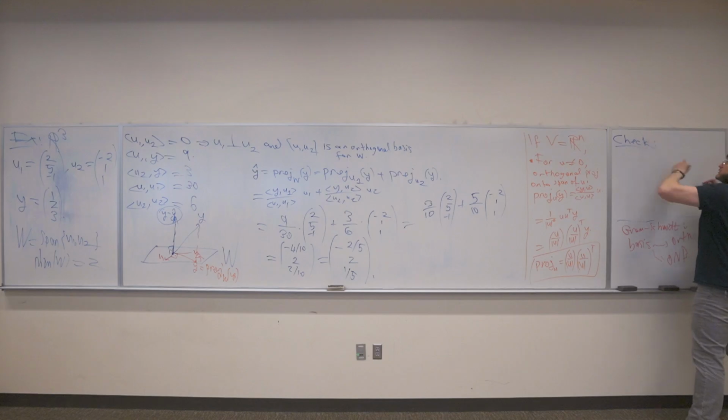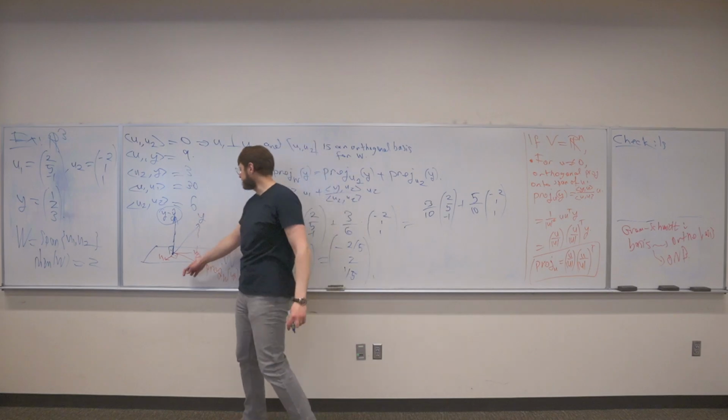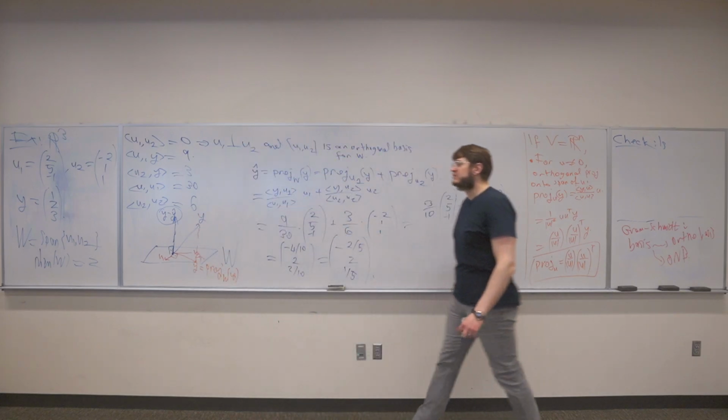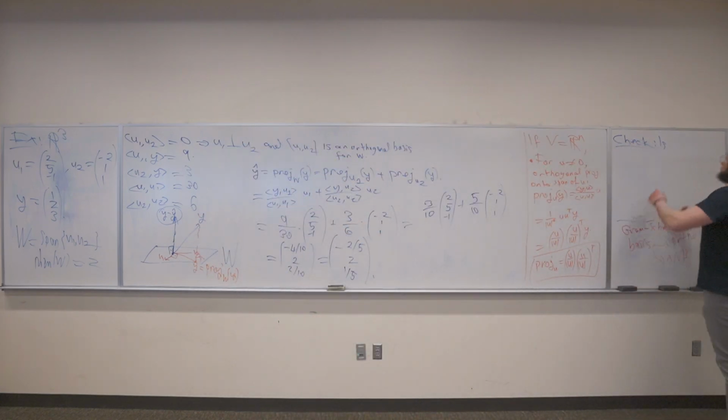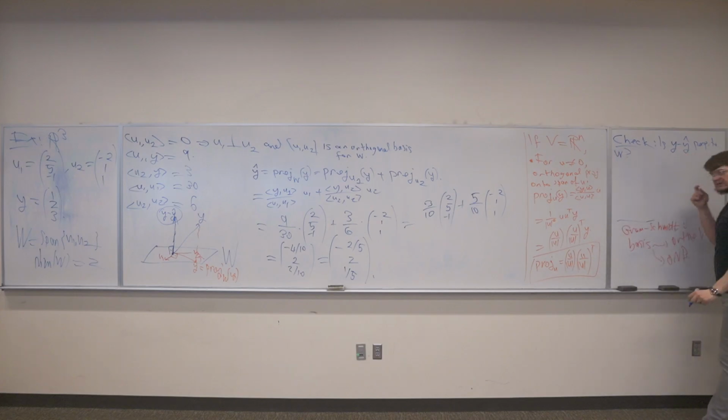So to check, is the remainder, right? You projected y onto something else, but you have a discrepancy. Is this discrepancy perpendicular to w? You can check this.